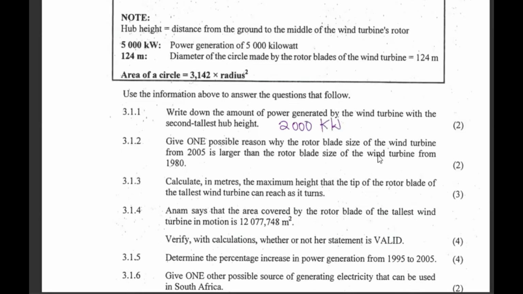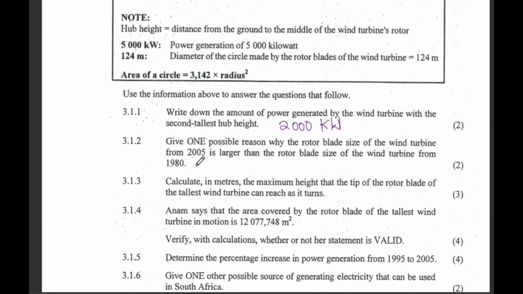hour. All right, give one possible reason why the rotor blade size of the wind turbine from 2005 is larger than the rotor blade size of the wind turbine from 1980.